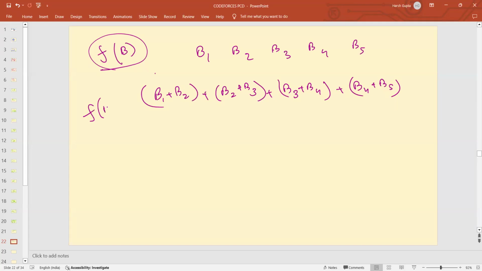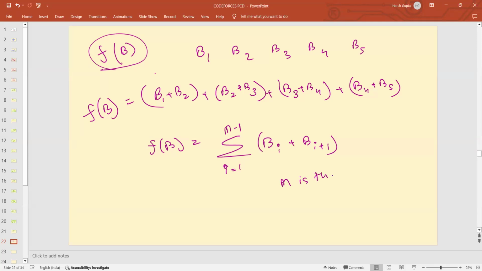This is f of B. That is, f of B is the summation of Bi and Bi plus 1, where i ranges from 1 to m minus 1, where m is the size of B.